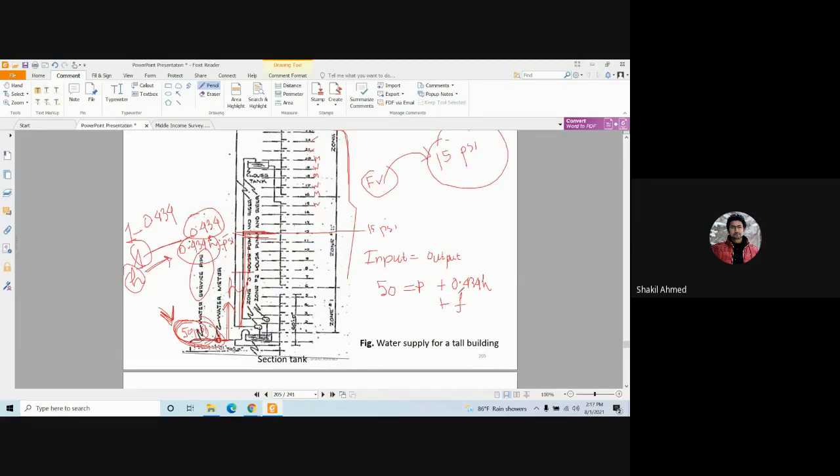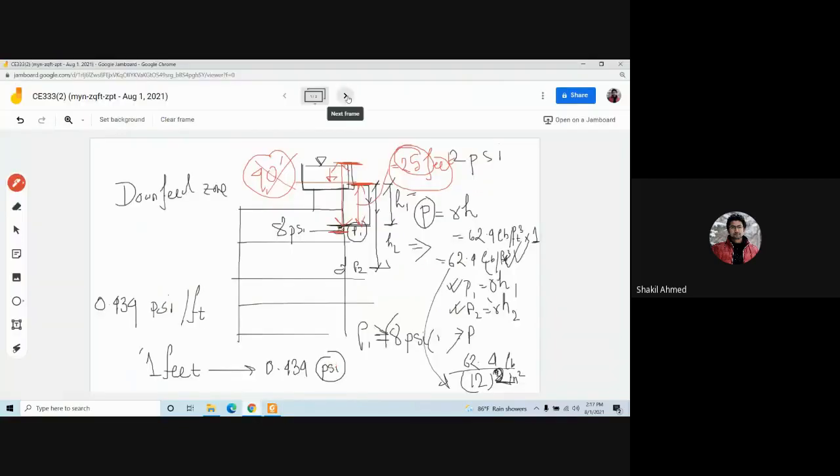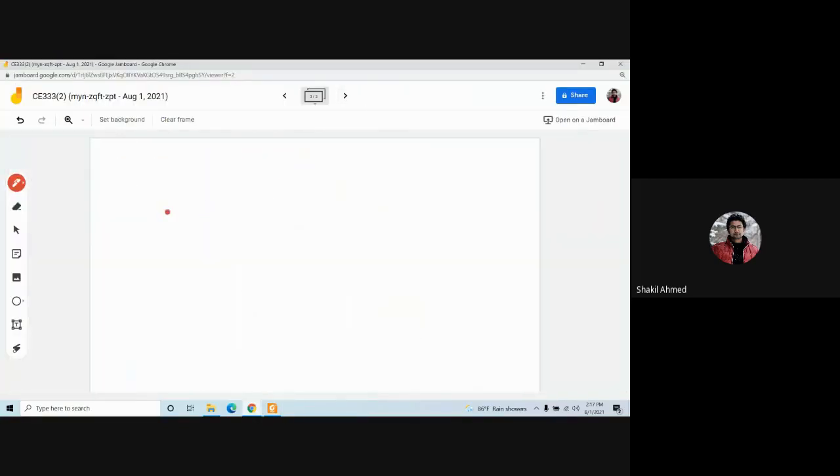Let's call this frictional loss. As I told you, as the water passes through the pipe, there is always loss due to friction and others, and this is frictional loss. And apart from the frictional loss, if a pipe is like this, then there is a bend.